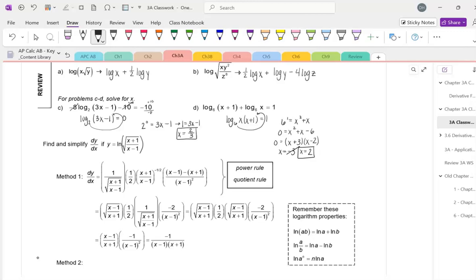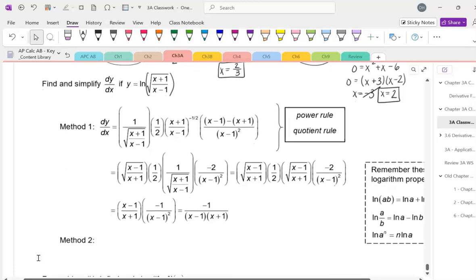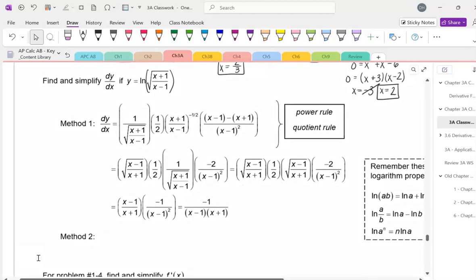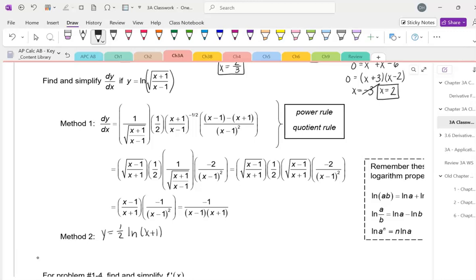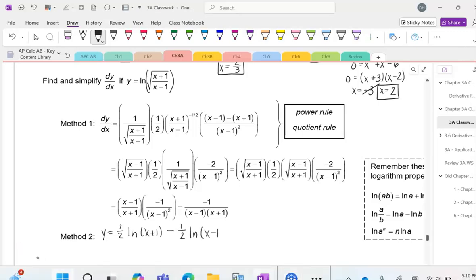And you should be thinking there has to be an easier way. And there is. Method 2 is going to involve just splitting up the natural log. And so y is going to change into 1/2 natural log of x plus 1. And then we have minus, because it's division, 1/2 natural log x minus 1.